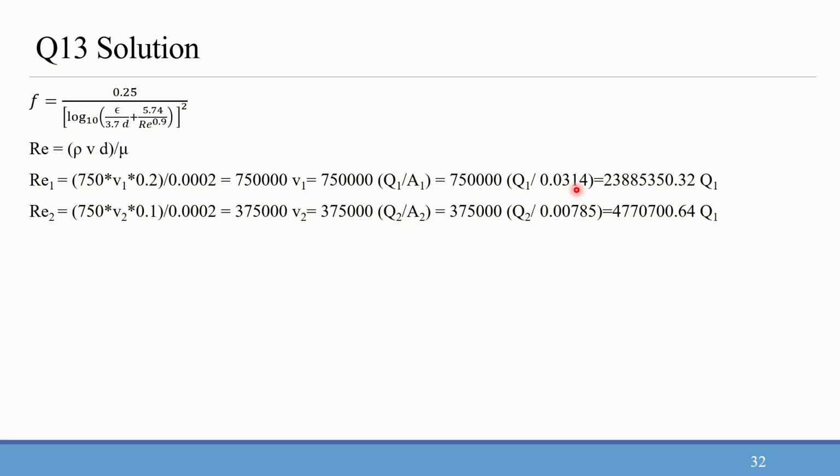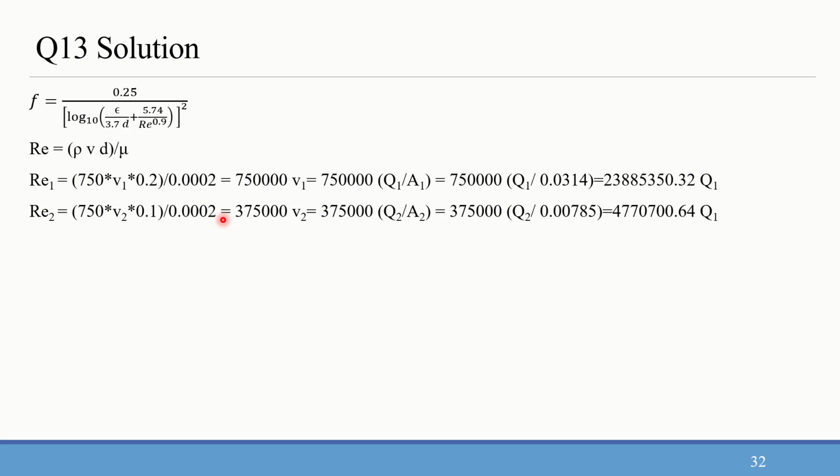Similarly, we can calculate it for pipe 2 as well. It is rho v d by mu, and v and d get changed for pipe 2. So V2 into 0.1 divided by 0.0002, that becomes 750 into 0.1 divided by 0.0002, so it is 375,000 times V2.